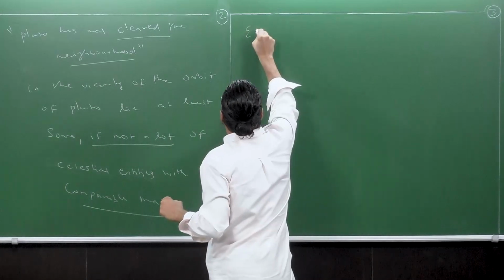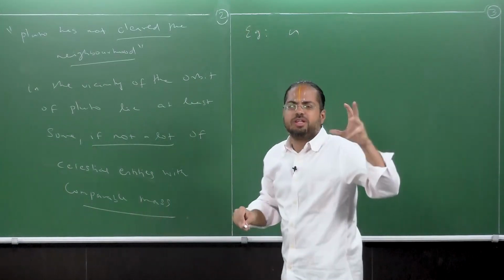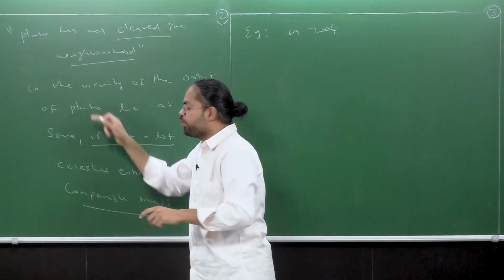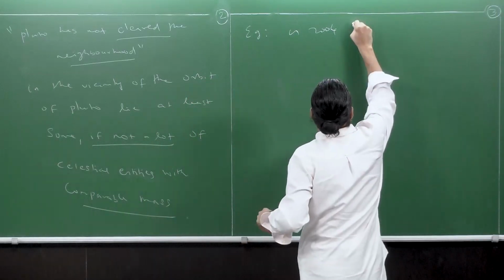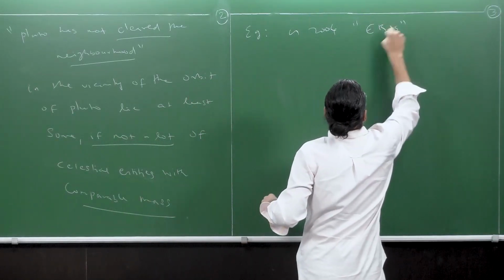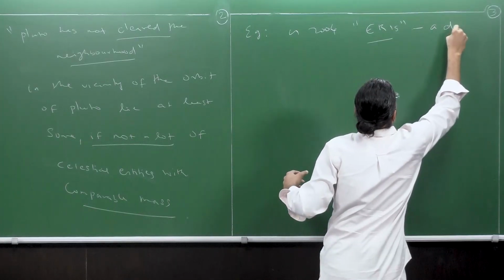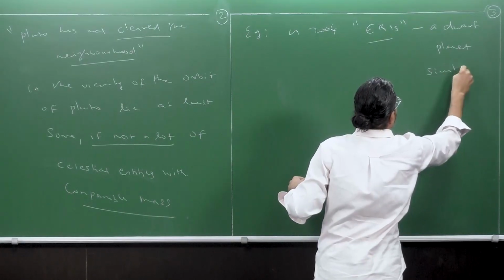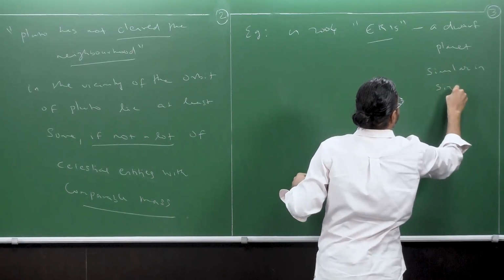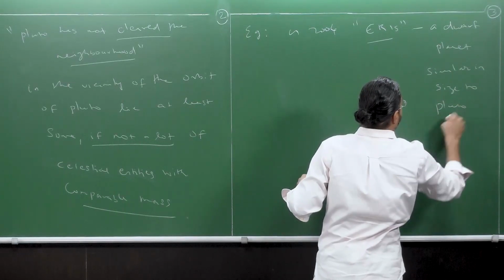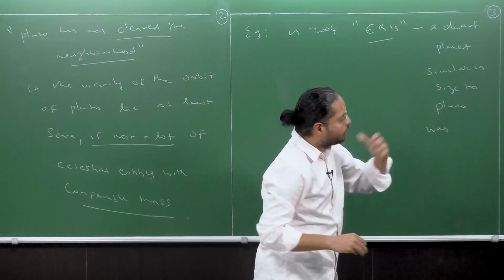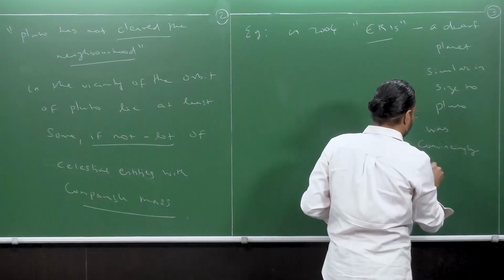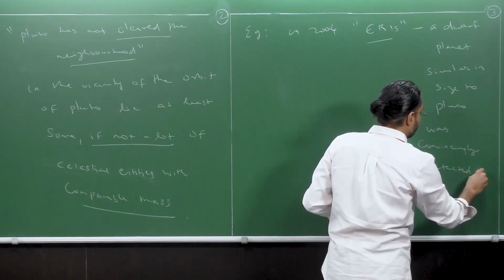For example, approximately in 2003 or 2004, there was another dwarf planet, not Pluto, called Eris, a dwarf planet similar in size to Pluto, that was convincingly detected in the Kuiper belt.